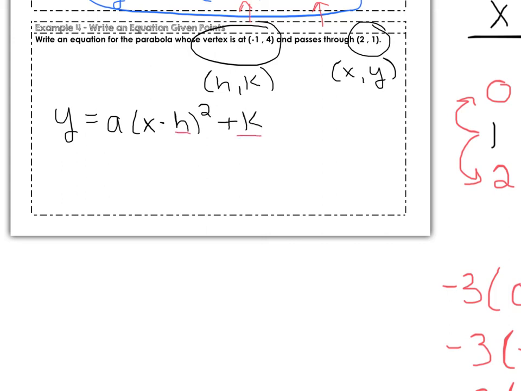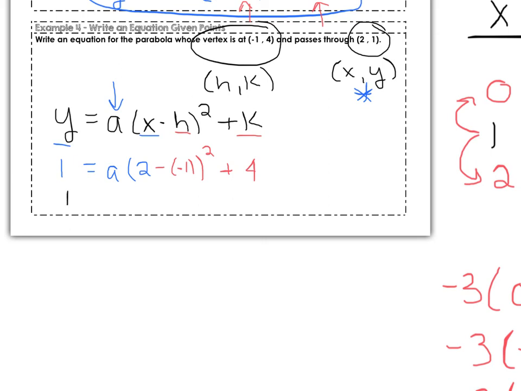I have an h and a k, and I also have an x and a y. The only thing I don't have is an a. So I'm going to plug in my y value of 1 for my coordinate, and I'm going to plug in my value of 2 for x. Again, these were my coordinates. Now for my value for h, we have minus negative 1 squared, and our value for k is positive 4.